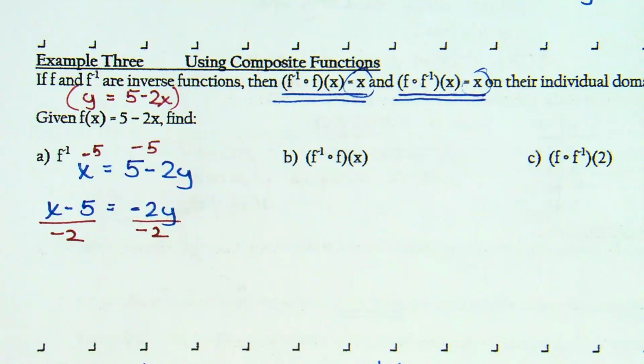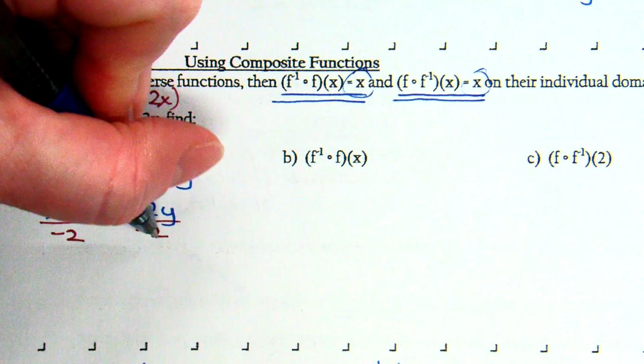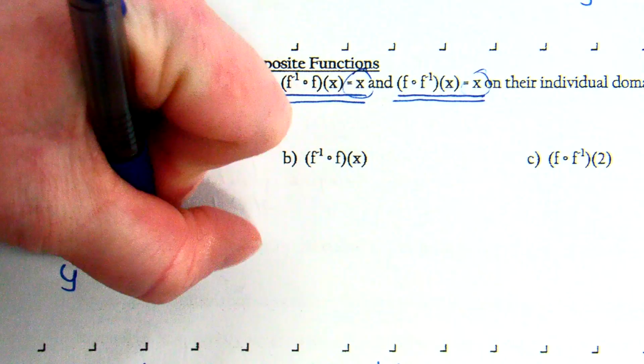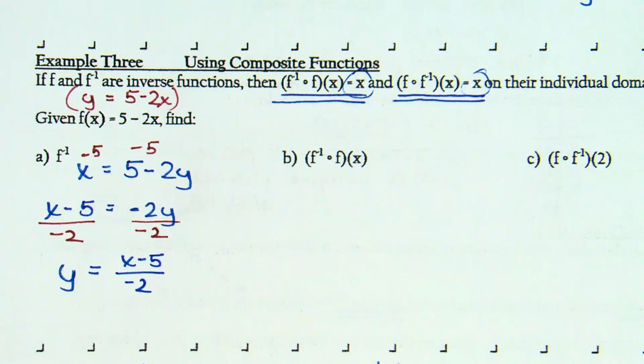Now, it's x minus 5 divided by negative 2. I'm going to leave it in that form, because when we do our compositions, it'll make life easier. Okay? So, my negative 2's cancel. I have y equals x minus 5 divided by negative 2.